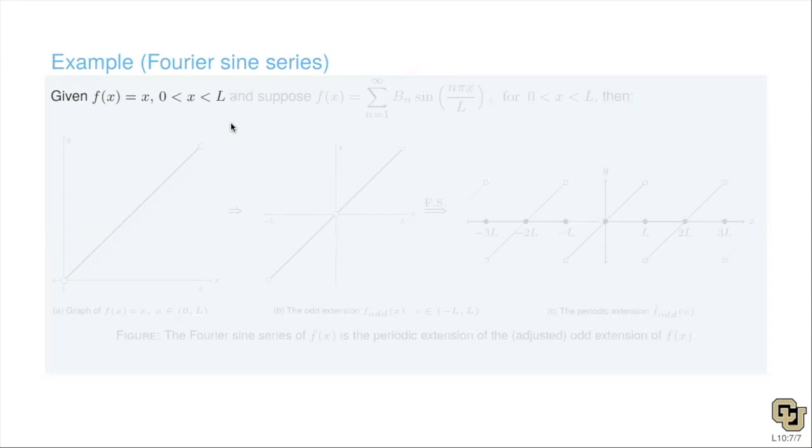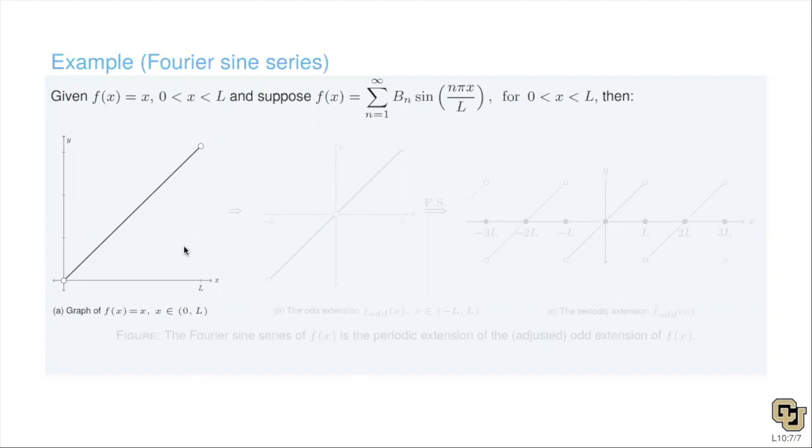Here's a picture. I started with x, and I want to know what's the Fourier sine series of this function x defined on 0 to L. First I do the odd extension, reflected about the y-axis and then the x-axis, or whatever order. Then you get this, and then you lift it, and you get that. Then adjust it, so periodically extend it and adjust it.